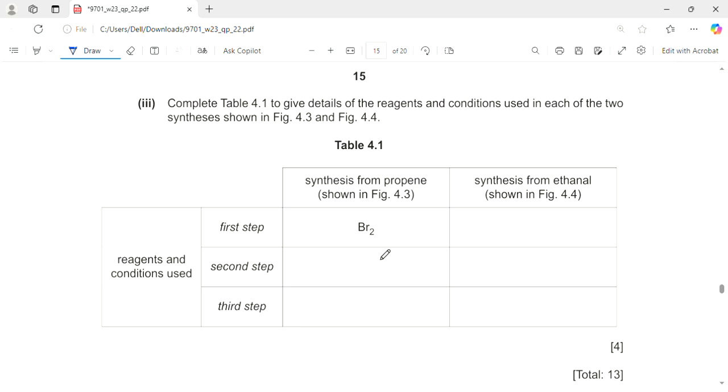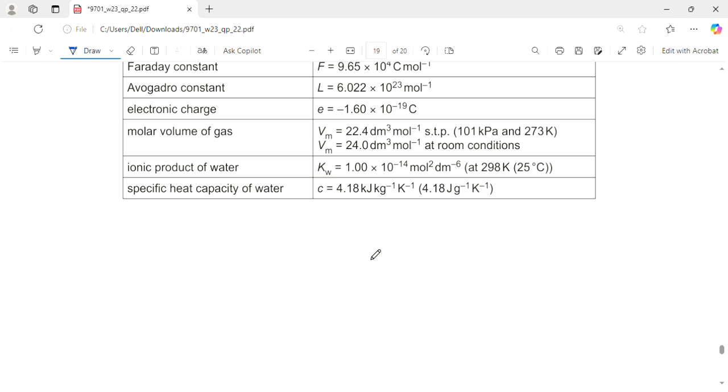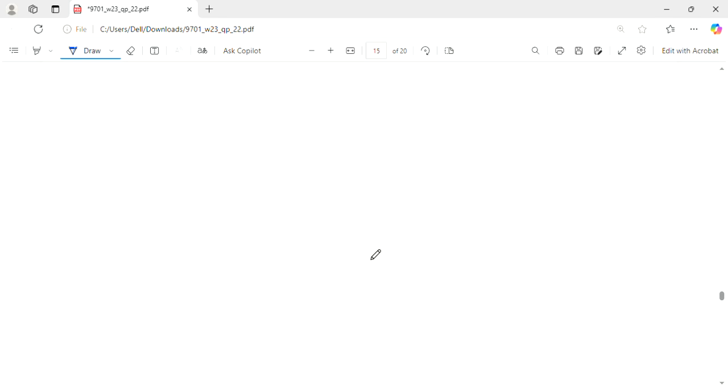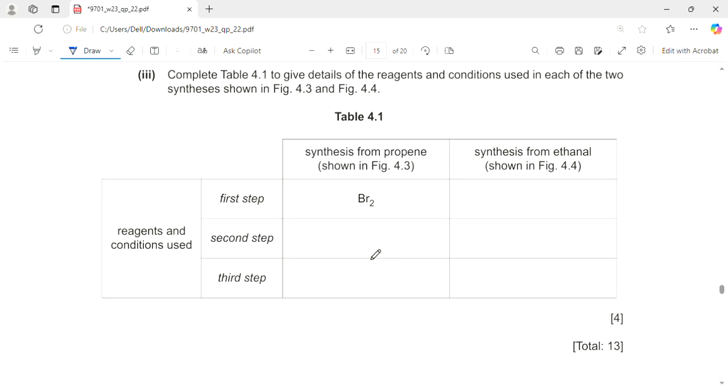So the first step of the synthesis, what is the first step to answer the question?